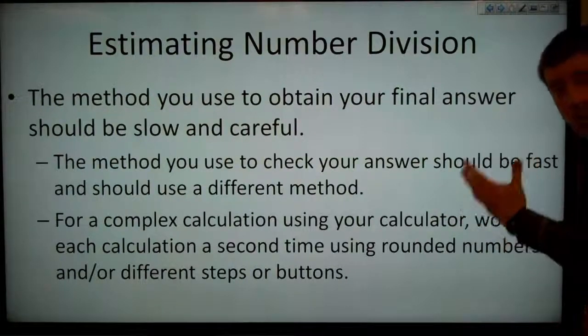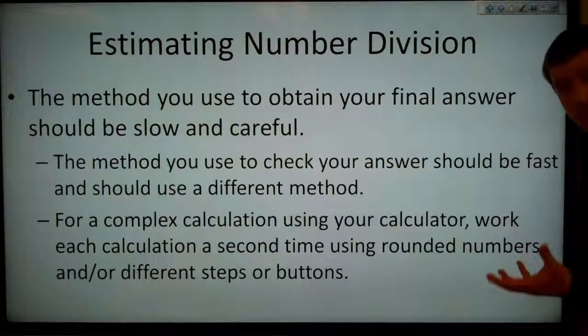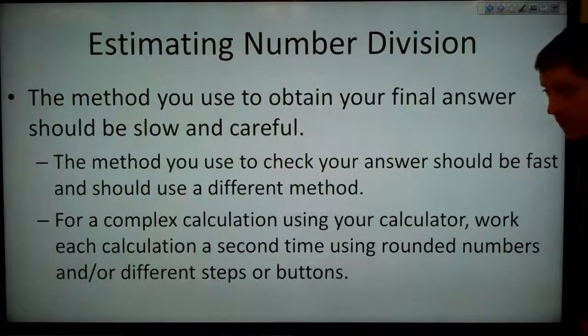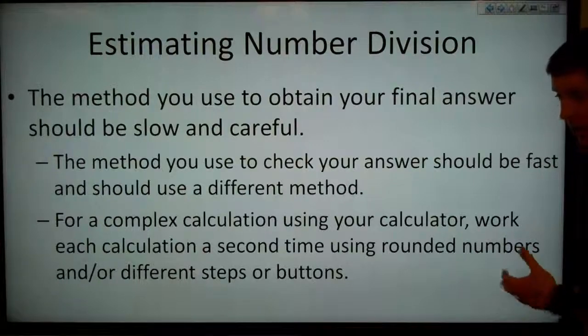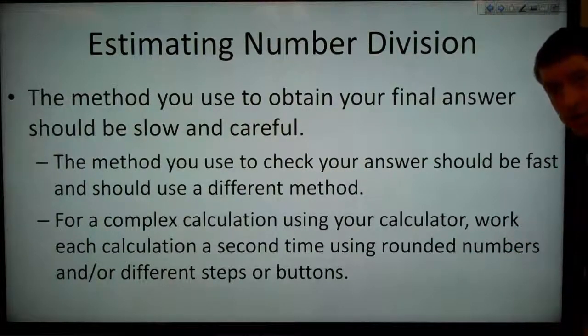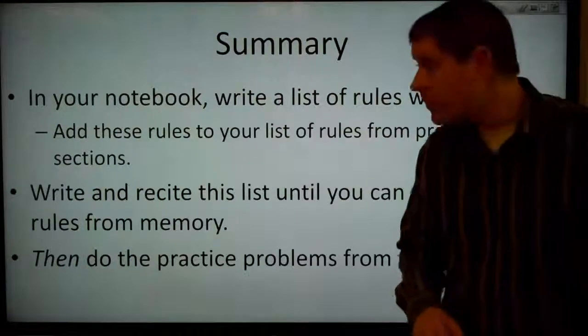You don't want to do exactly the same method twice because you're going to get the same result, but you want to check to make sure that you're doing the calculation correctly. If you're doing the same calculation incorrectly both times, you're going to get the same incorrect result. So for some complex calculation using your calculator, work each calculation a second time using rounded numbers and or different steps or buttons in order to make sure that you are in fact getting the correct answer.